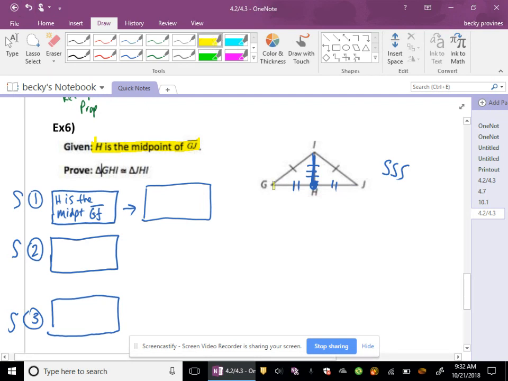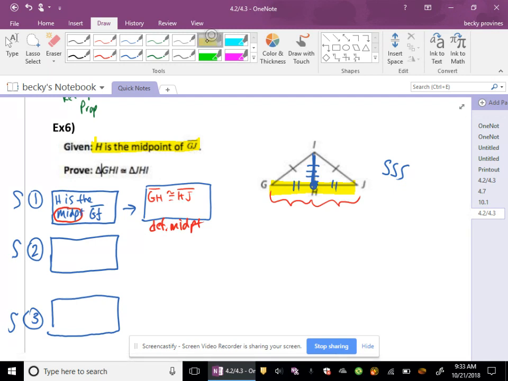And again, hopefully you're saying from G to H and from H to J, those are equal. So G to H is congruent to H to J. And what definition did you use? You used the definition of midpoint.